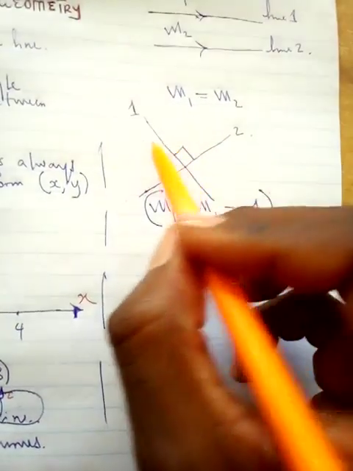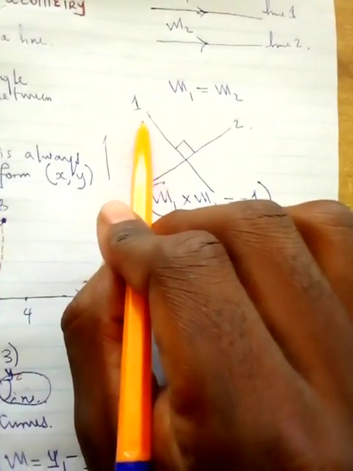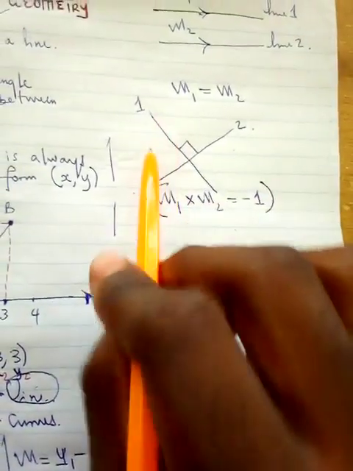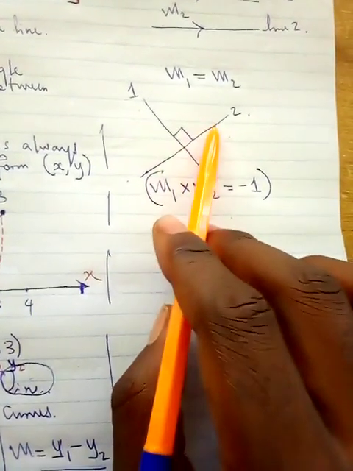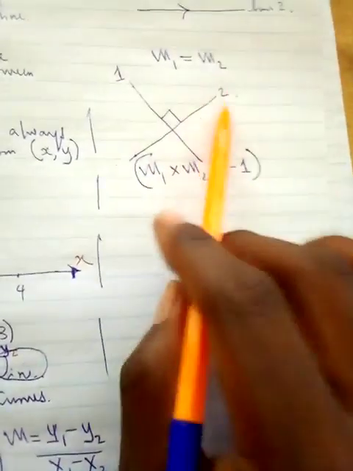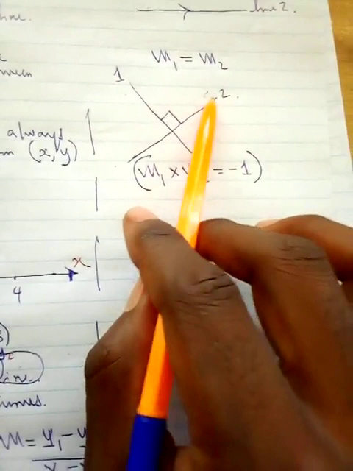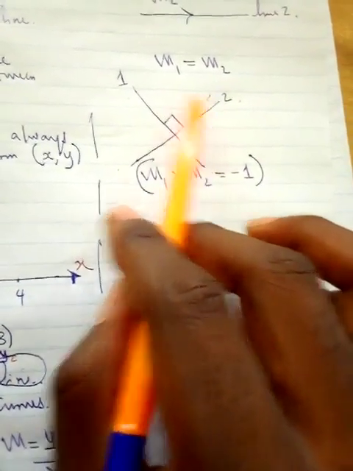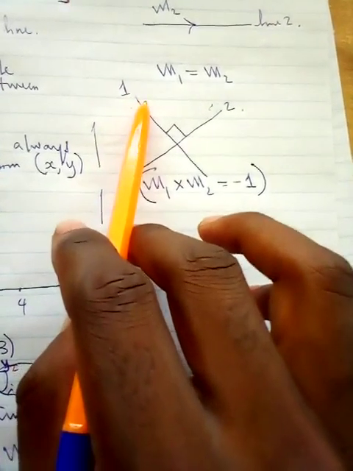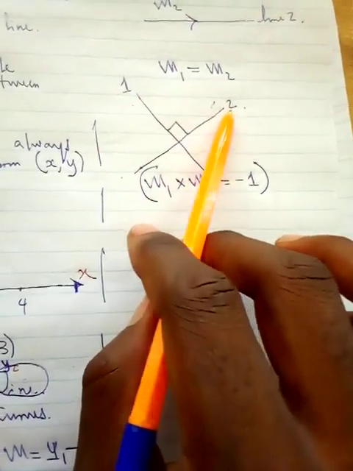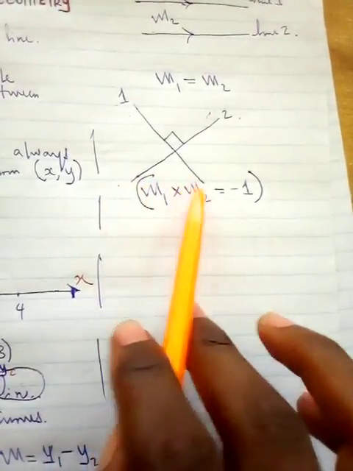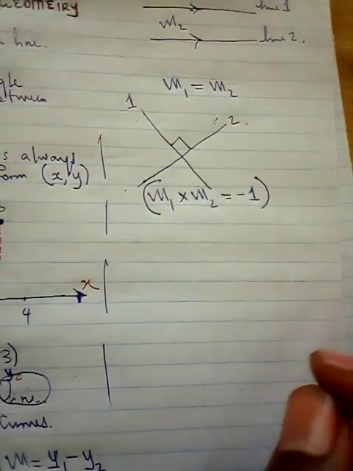In other words, the gradient of line 1 is simply the negative inverse of the gradient of line 2. The gradient of line 2 is just the negative inverse of the gradient of line 1. This is all summarized here in m1 times m2 is equal to -1.